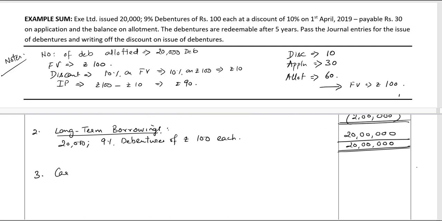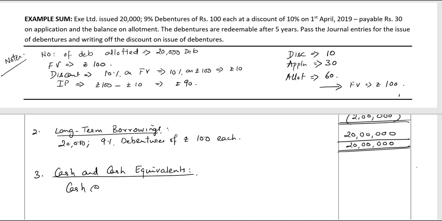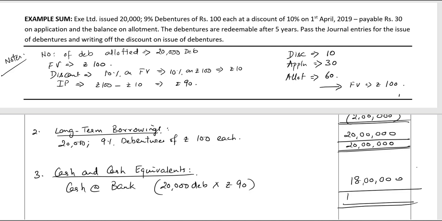The third note, cash and cash equivalents. Cash at bank. Amount received from the issue of debentures, 20,000 debentures at the issue price of rupees 90. After deducting the discount, comes up to 18 lakh rupees. And the final amount to be shown against cash and cash equivalents is 18 lakh rupees.